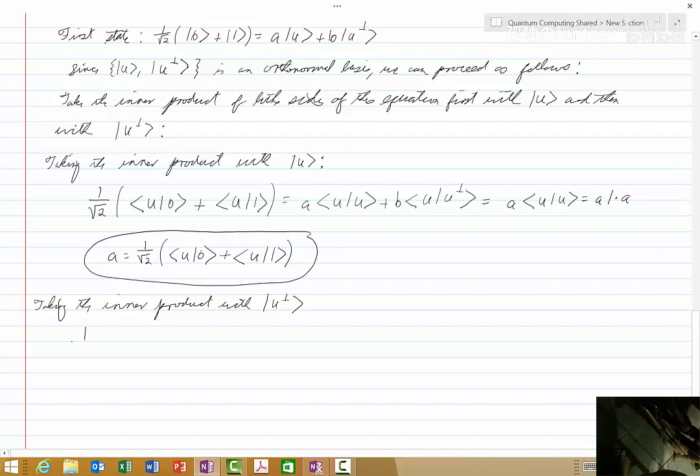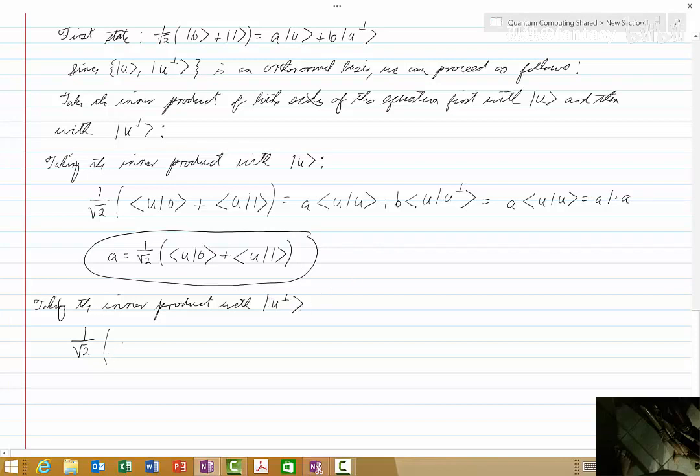What we will have is 1 over square root of 2, well, let's see, we're already assuming here we're taking the inner product. So just to remind you here, this is the equation right here, and we're going to take the inner product of both sides with u orthogonal.